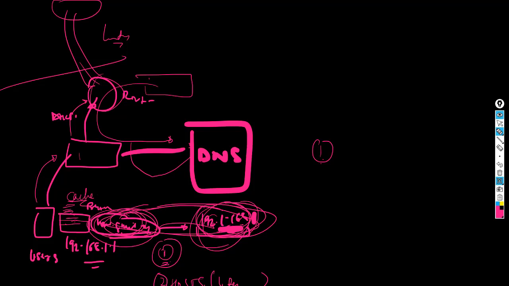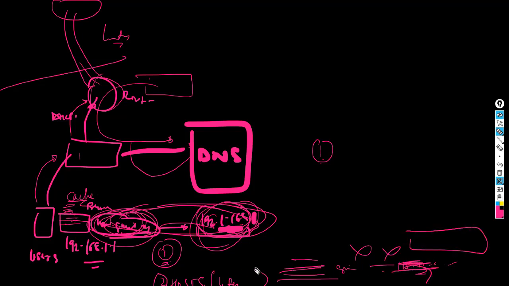In the case of Windows, you can go to the C drive, System32, and you can find a host file where I can manually define that google.com resolves to 111.111 and so on. But that's not a good approach, because Google might change their server to a different server, and that would lead to an issue, right? So I will not make use of static configuration. Instead, the third step is the DNS.